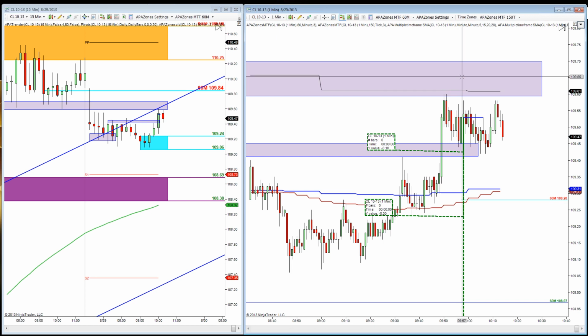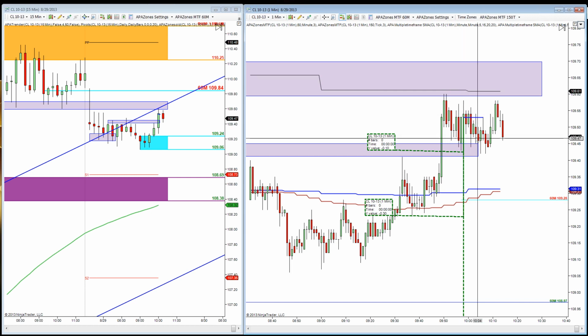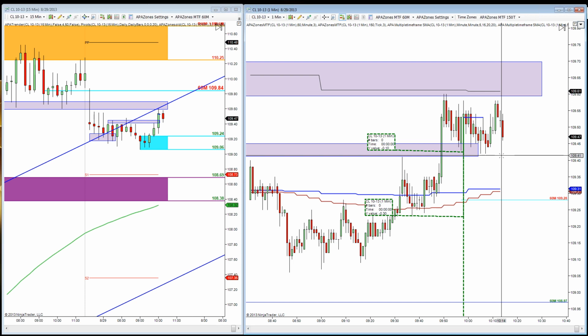All right, so looks like price is coming. I'm going to retest the low of this area. Let's see if it breaks it or not.